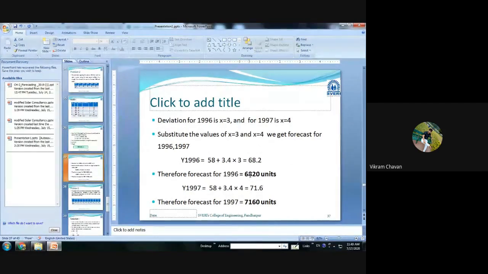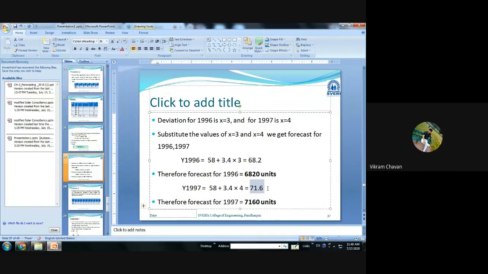It will become 6820. And for 1997, we are getting the value as 71.6. Just multiply with 100. We will get the number of units 7160.